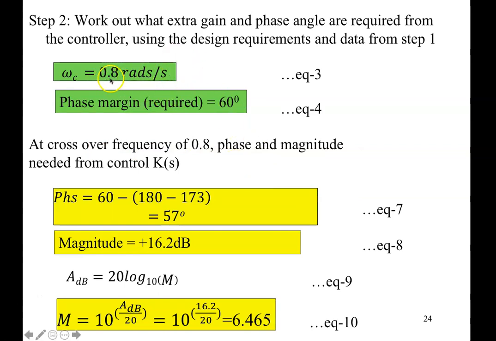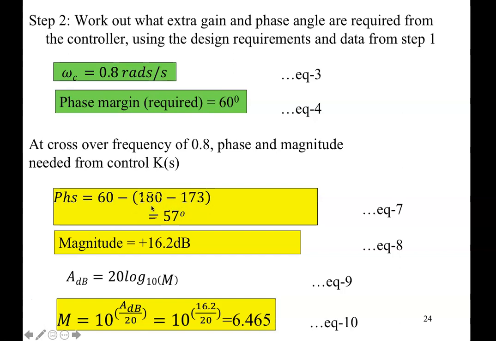I want crossover frequency at 0.8 and I want a phase margin of 60 degrees. So therefore, from the controller, I want something more. The plant gives you a phase angle of minus 173. Therefore, the difference between 173 and 180 is 7.